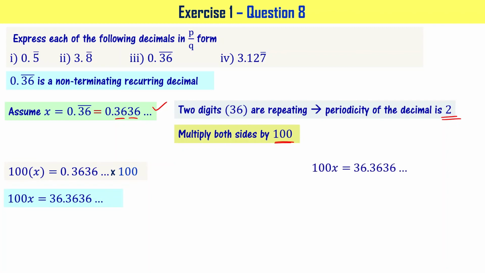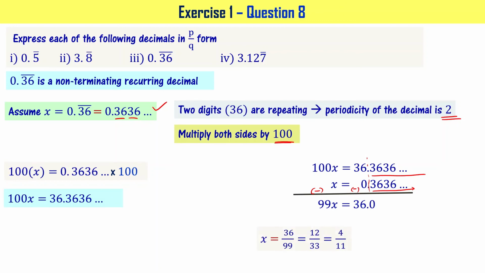Now let me subtract x from 100x. Look at this. When I write like this, I have kept both the dots on the same line, right? So after the dot, you have 363636 repeating for both the equations. So when I subtract x from 100x, what I'm going to get is 99x equal to 36. So x equal to 36 by 99, right?